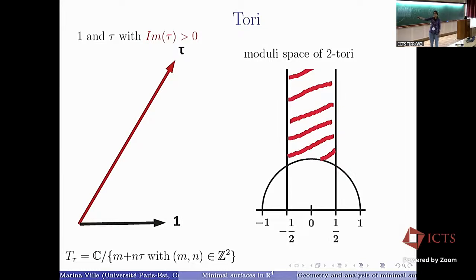Different taus can give us the same torus. So we have a moduli space of tori, which is the region shaded in red. This is a plane. And for each point in this region, for tau being each point, there is a single torus with this tau.